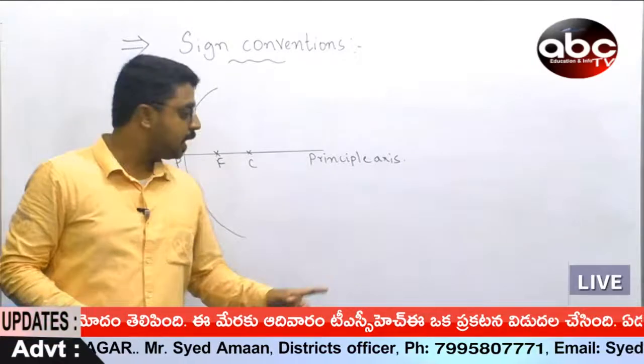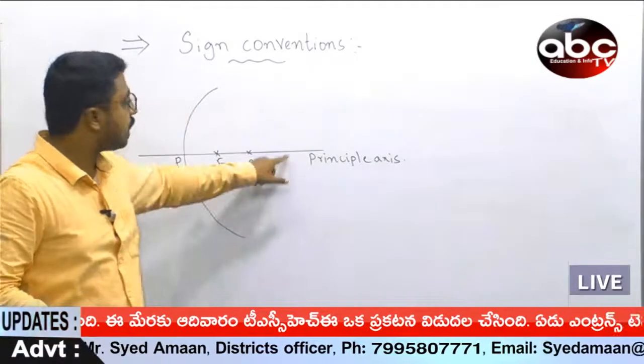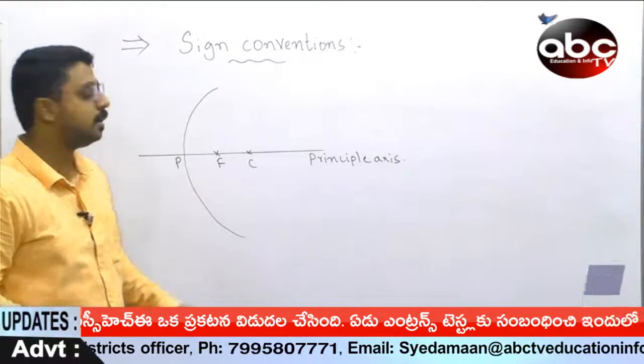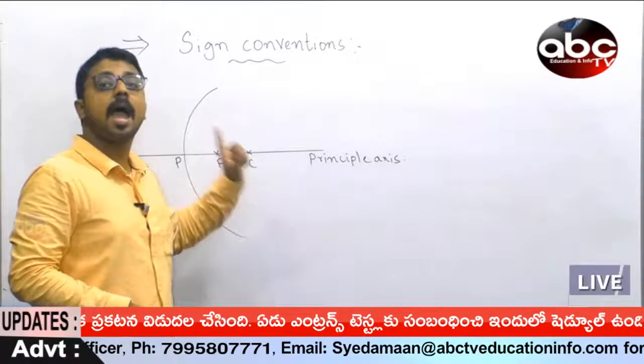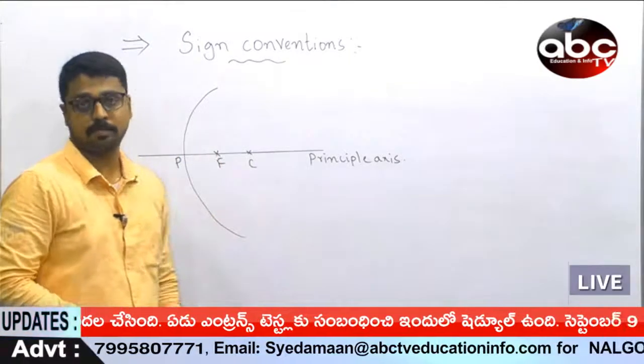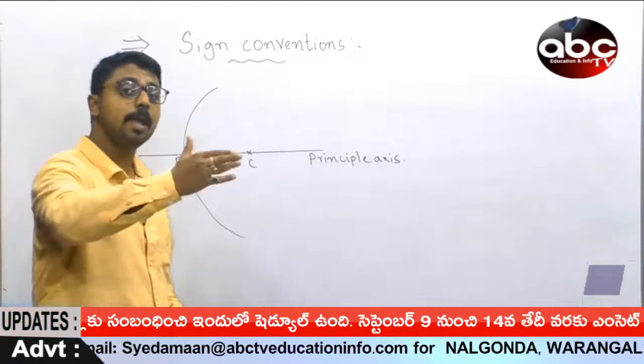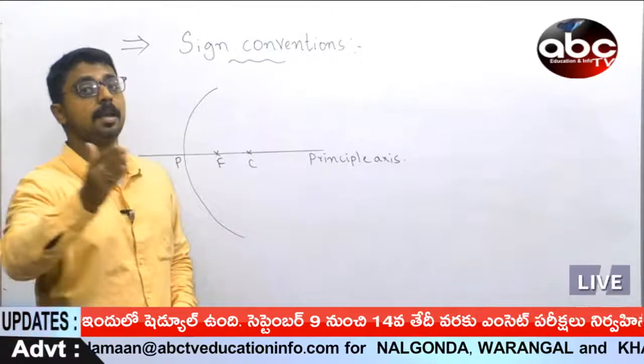So here also an object is placed vertically, not horizontally. Because of that reason, we want to measure the height, whether of an object or of an image.